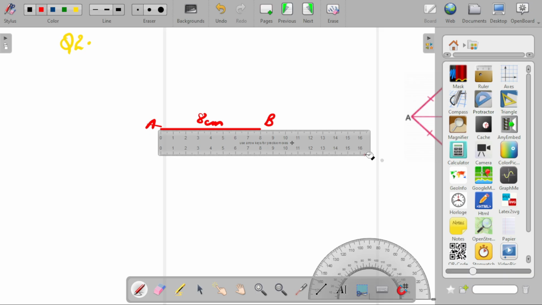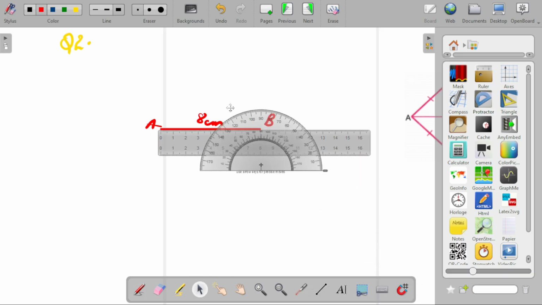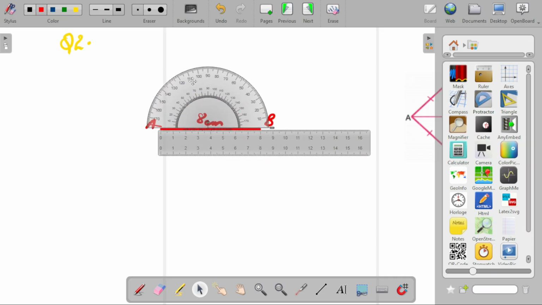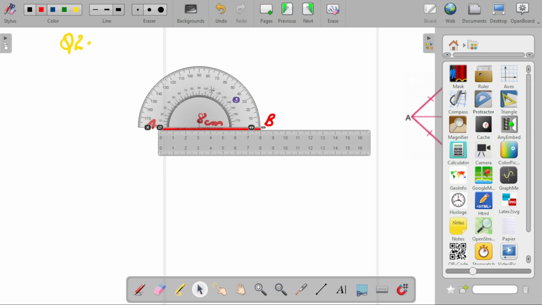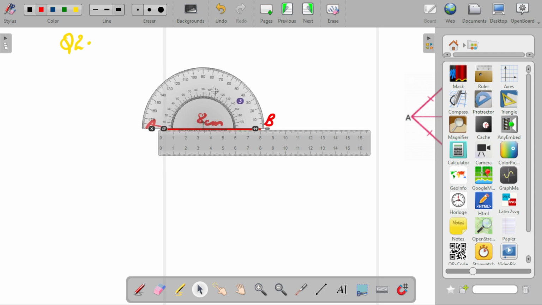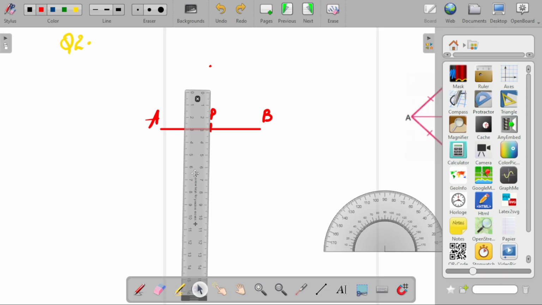And for the perpendicular line, you can use this also. You have other ways also. So I'm using this for the line. Mark the point at 90 degrees.